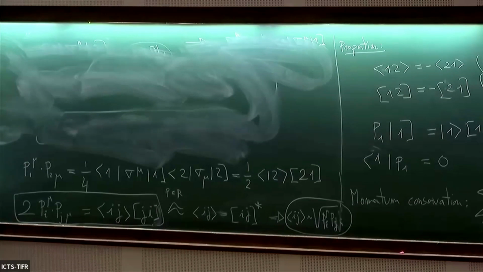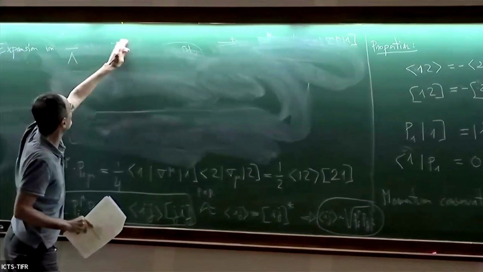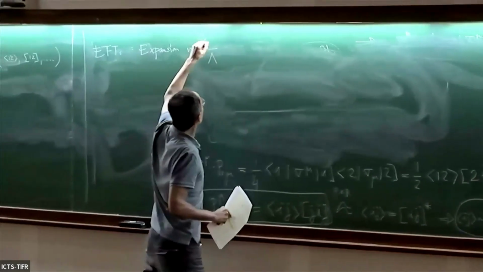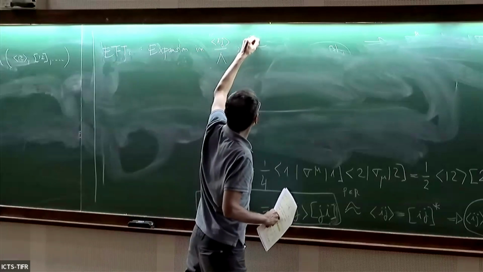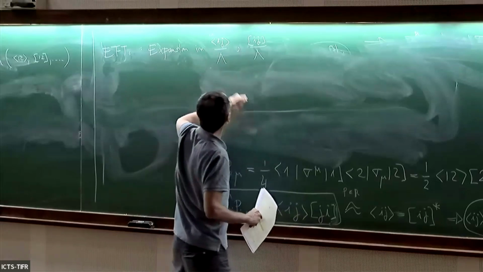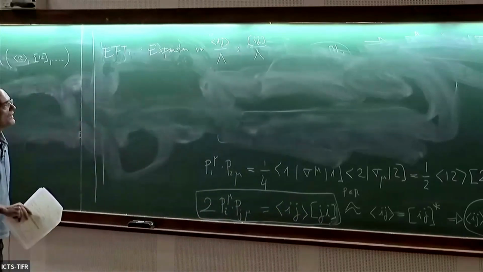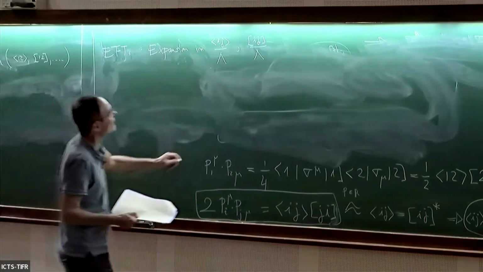Here, as already mentioned, we're doing an expansion in 1 over lambda. Lambda is the cutoff of the effective field theory. And because we'll be talking about angle brackets or square brackets, this is an expansion in momenta. In our case, it will be an expansion in these angle brackets or square brackets over lambda. This is our effective field theory approach.